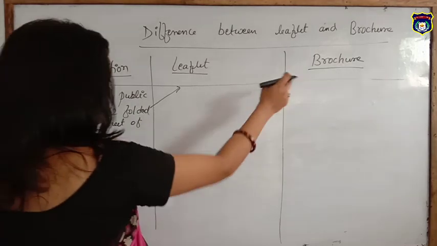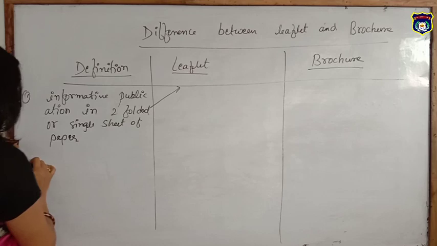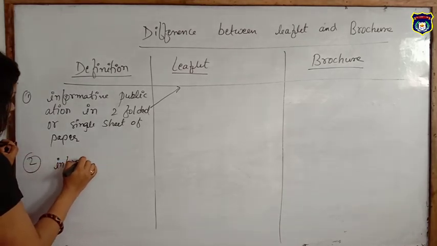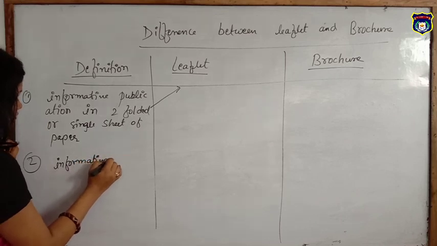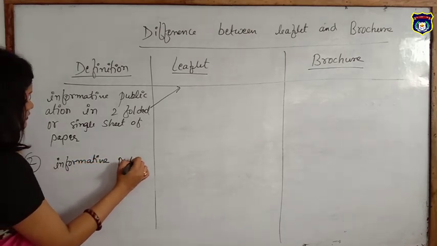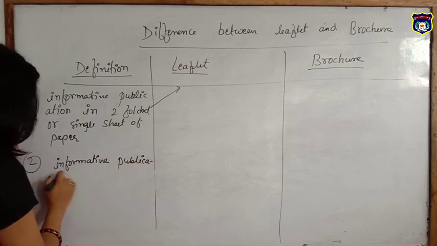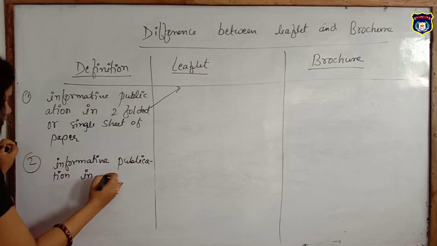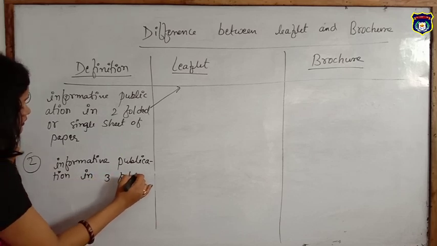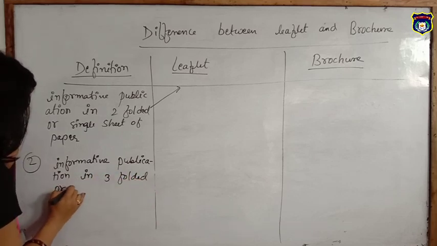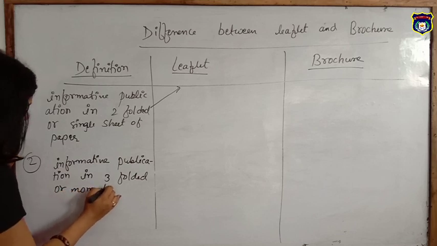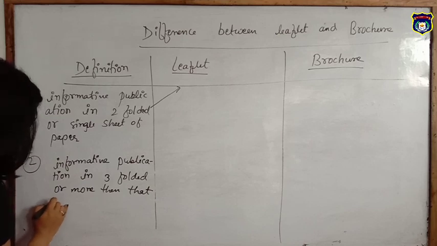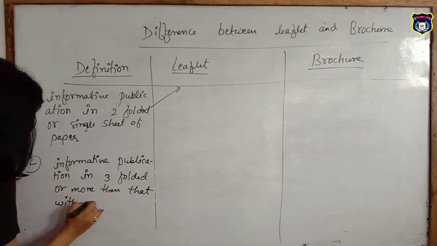The definition of a brochure is: informative publication in three-folded or more, with detailed information.